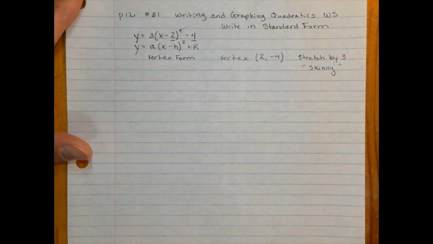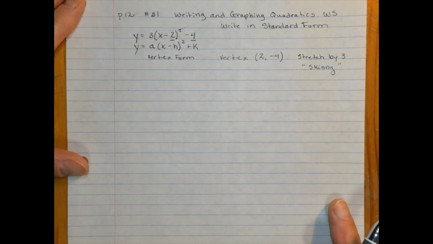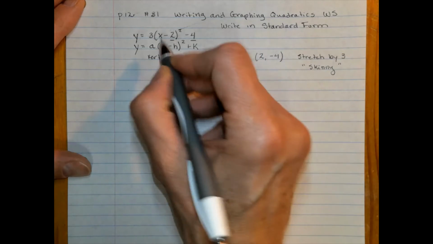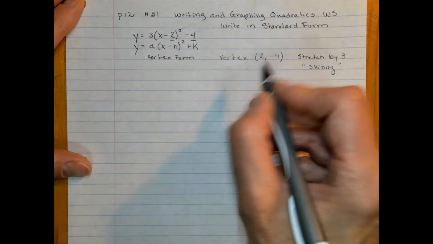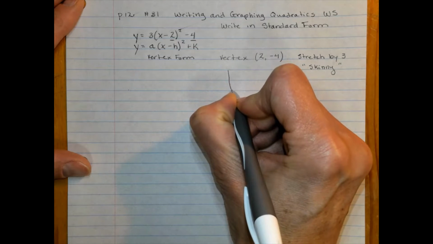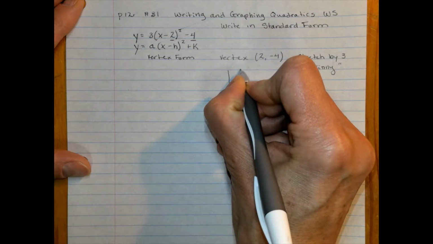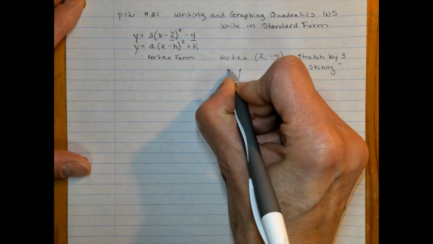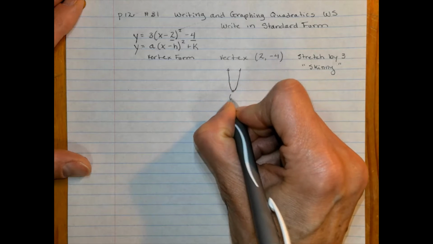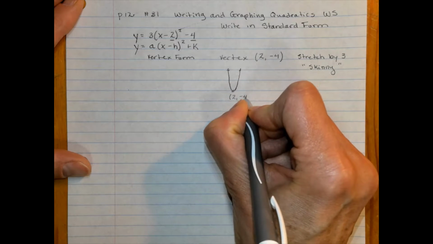I always like to give an idea of what it is that I'm looking at, and I'll show you later how we're going to use the Desmos calculator. I know that this is positive, which means that my quadratic opens up, and I also know that it's skinny. So I'm just going to draw a sketch. It's going to look something like this, and my vertex is at (2, -4).